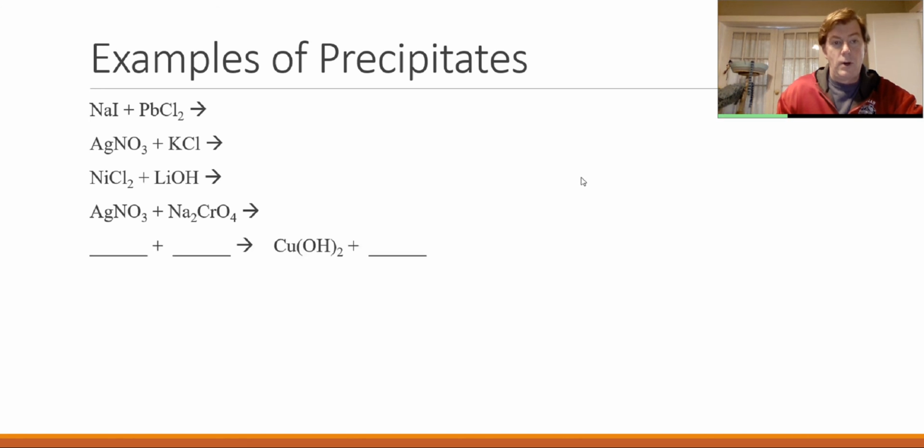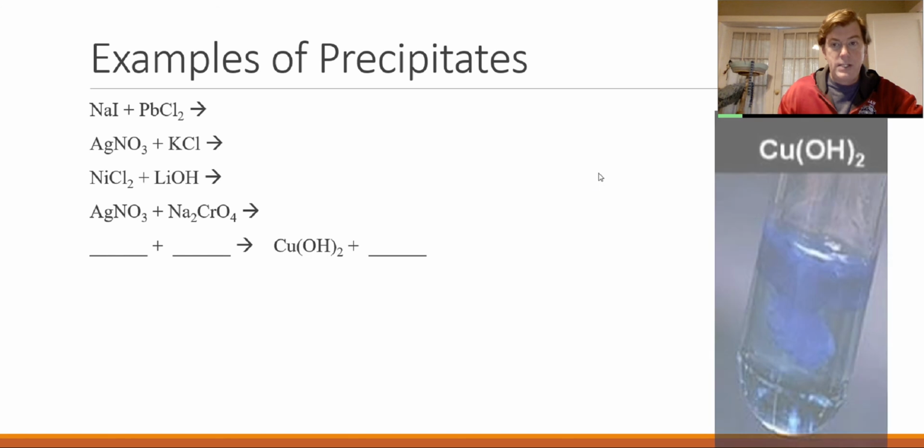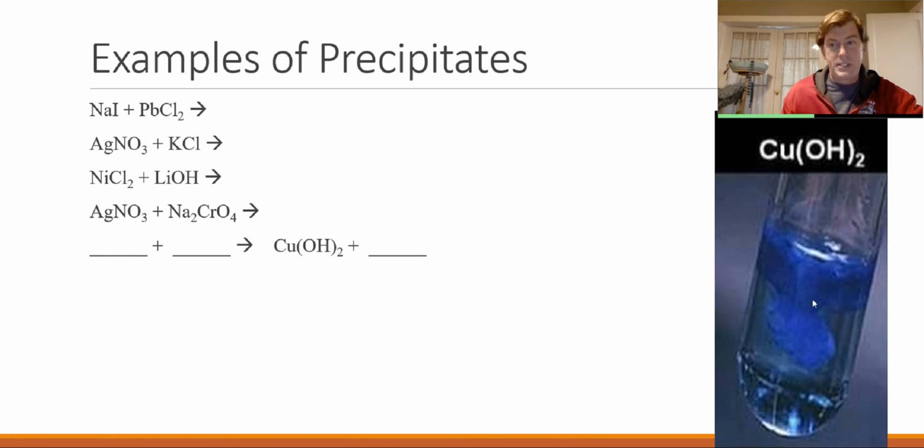So let's do one more. This one's tricky because this one, we're making a precipitate, copper 2 hydroxide, but I don't know what I'm starting with.